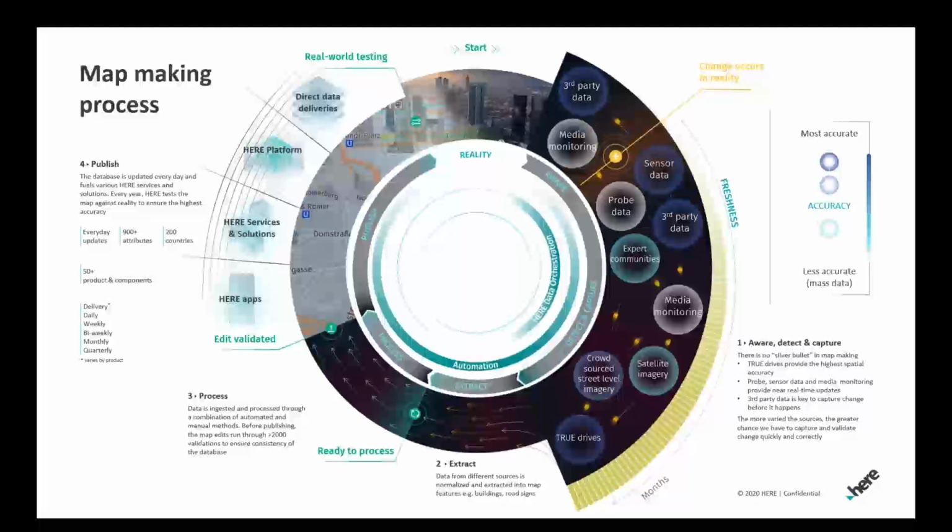And then we have our own True Drives, as they are called. This is our own collection fleet with cameras and a lot of different sensors that we also send out to verify certain locations and to capture changes there in reality.